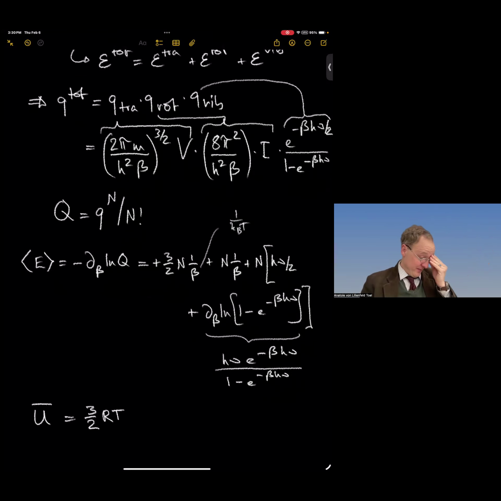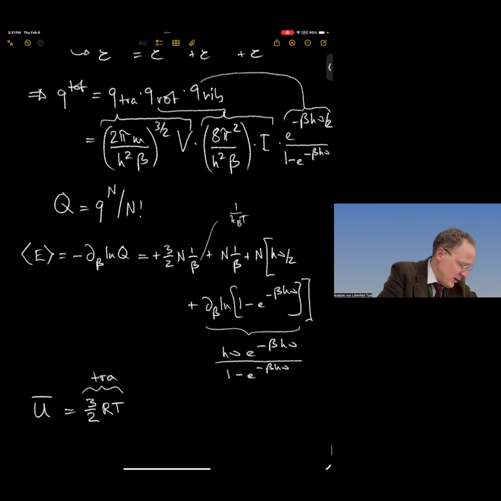And then dividing by Avogadro's constant with the kB gives me the ideal gas constant. So this was the energy contribution from my translational degrees of freedom. And now I'm adding 1 RT from my rotational.